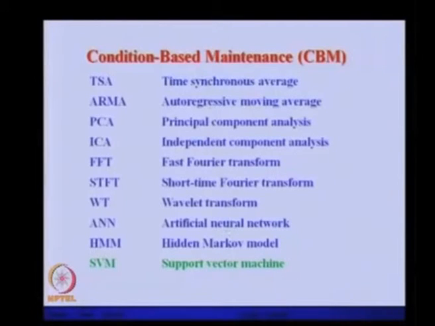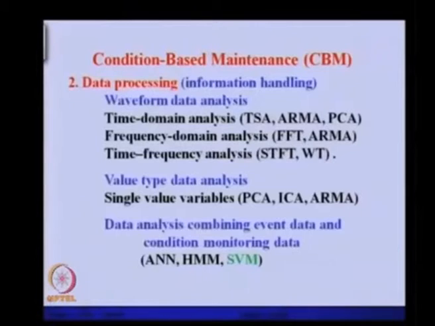Describing each of them is beyond the scope of this particular lecture, but some of them you will know, like fast Fourier transform, short time Fourier transform, wavelet transform, artificial neural network, hidden Markov method, support vector machine. These are various techniques by which we can process the data, and we can have some kind of expert database with us.